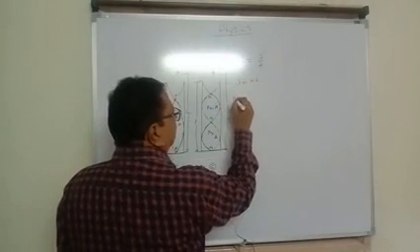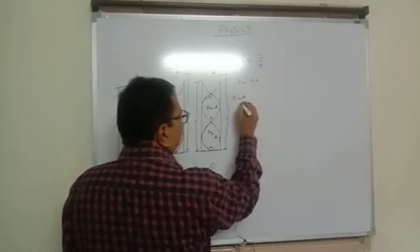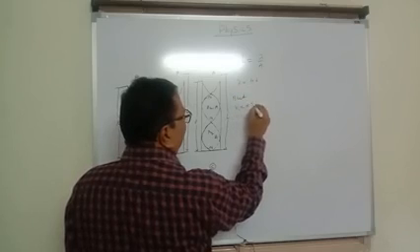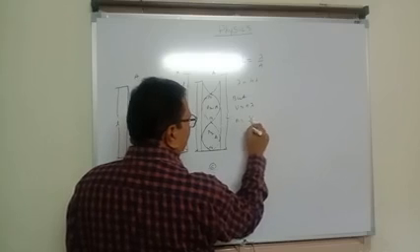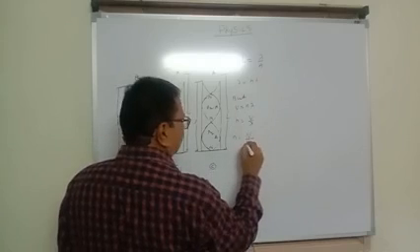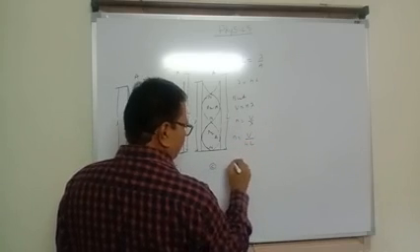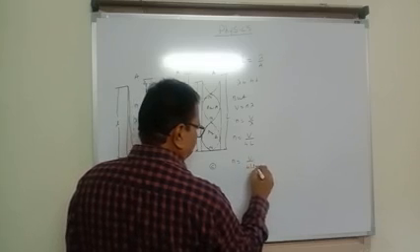But v is equal to n lambda, or n is equal to v upon lambda, or n is equal to v upon 4L, or n is equal to v upon 4 times small l plus e.